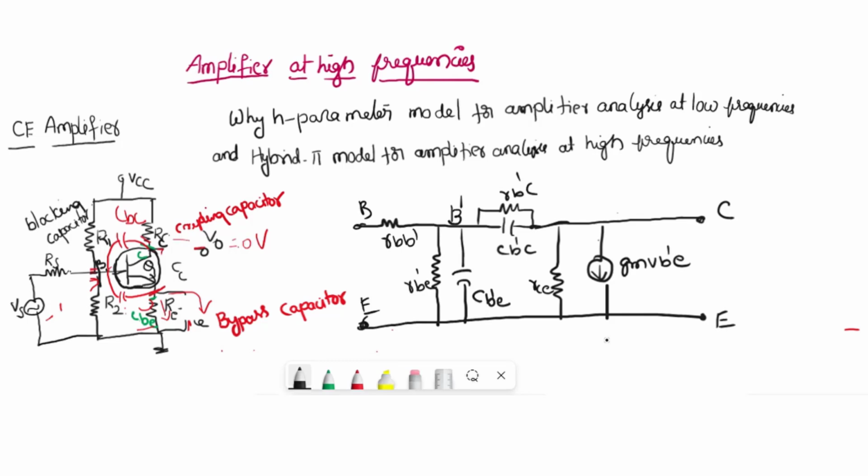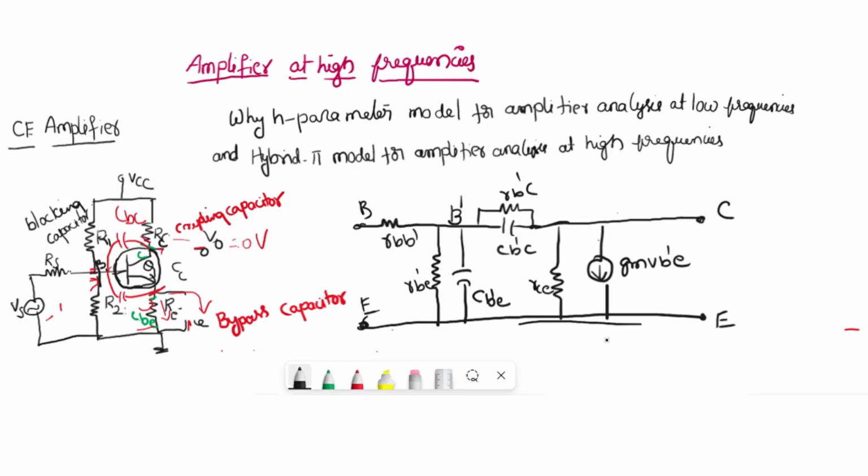See the terminals, that is B, emitter, that is base, emitter and collector. This is all emitter. So there is a provision to connect the capacitors here. Between the base and collector, here we have the capacitor CBC.